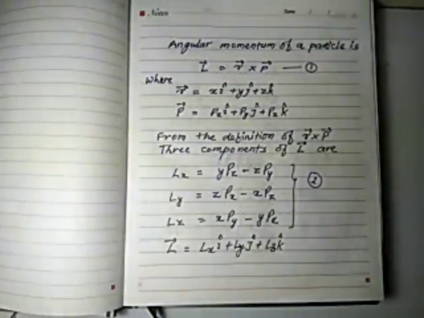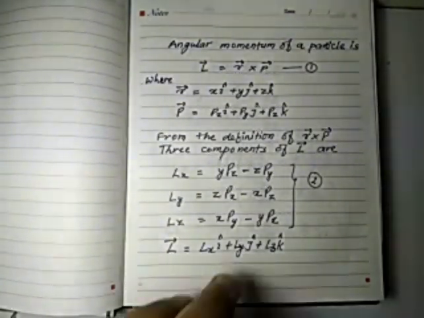Now from the definition of r cross p, this can be solved by the determinant method, and from this we can obtain the three components of L as Lx = y pz − z py, Ly = z px − x pz, and Lz = x py − y px. And in vector form, L can be written as Lx i + Ly j + Lz k.